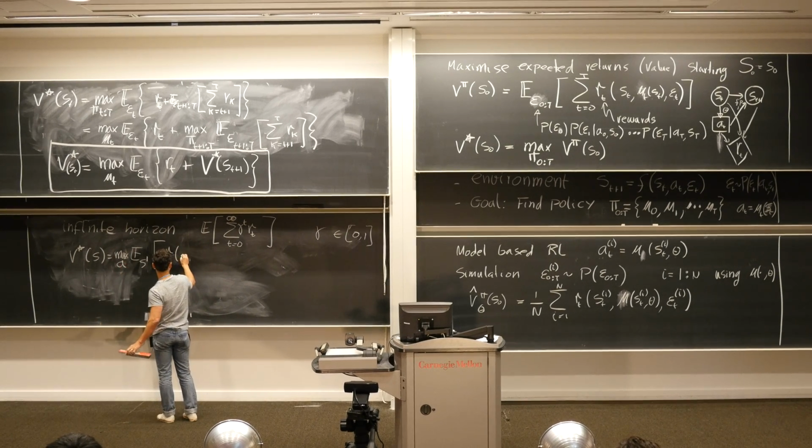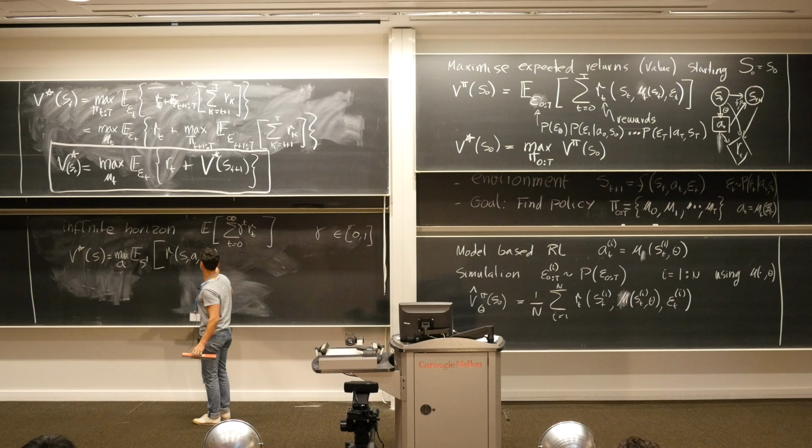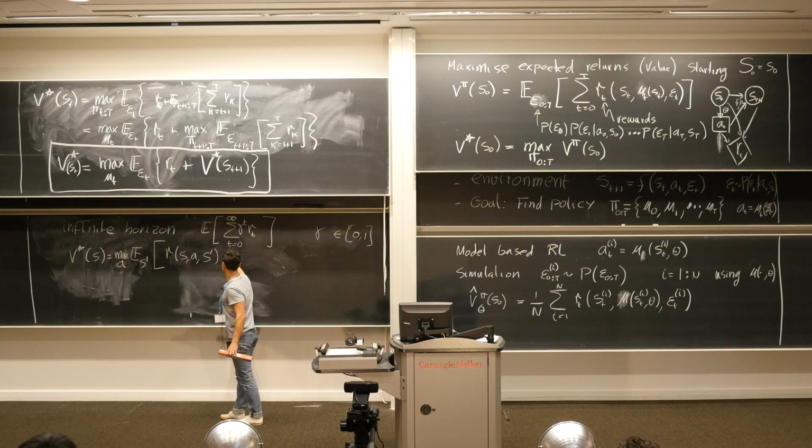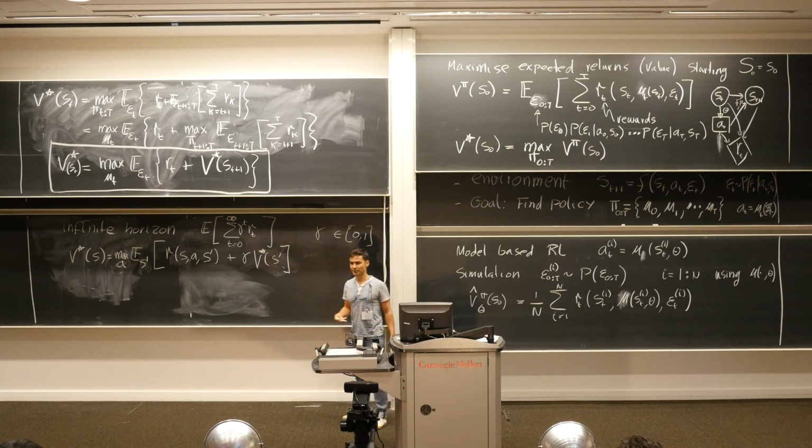I'm just going to rewrite this as S, A moving to state S prime. And then there's going to be a discount factor, gamma V of S prime. That's a formulation that you often find in books.